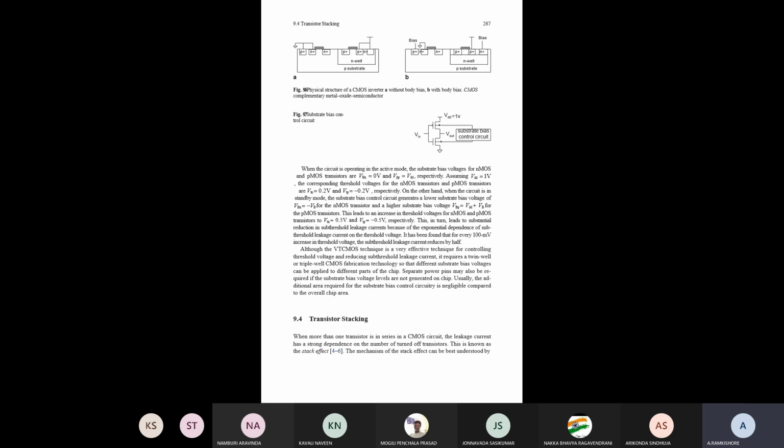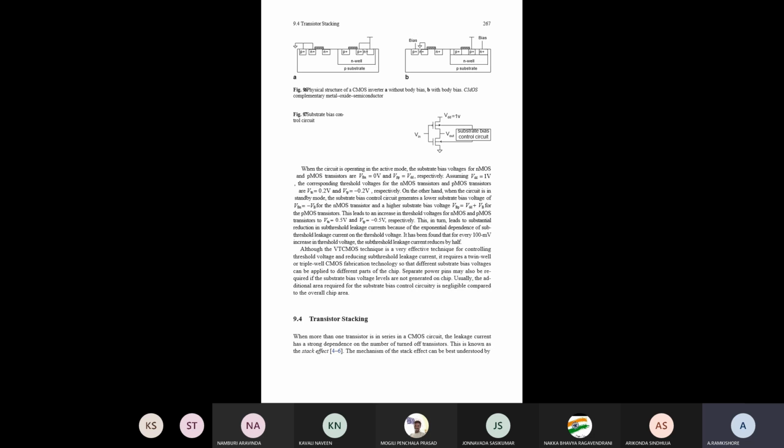So in the case of VT CMOS circuits, the substrate bias voltages of the NMOS and PMOS transistors are controlled with the help of a substrate bias control circuit. To control the body effect voltages, that means the variable threshold voltages, we connect a substrate bias control circuit.